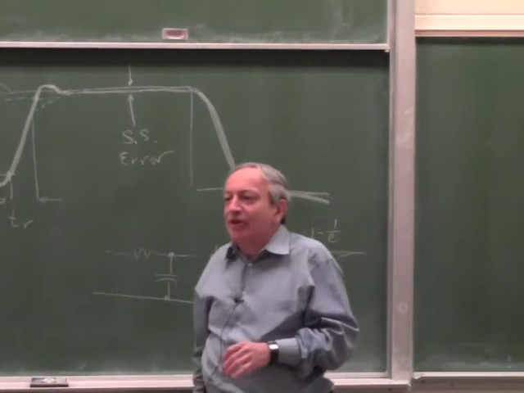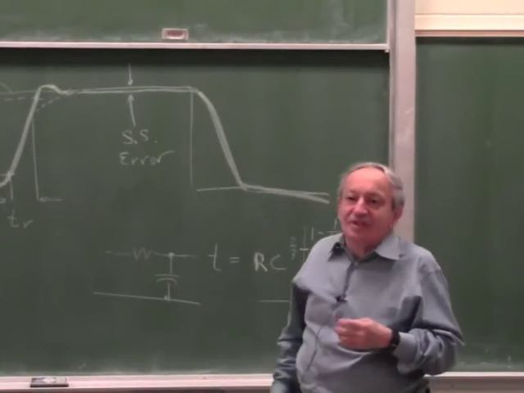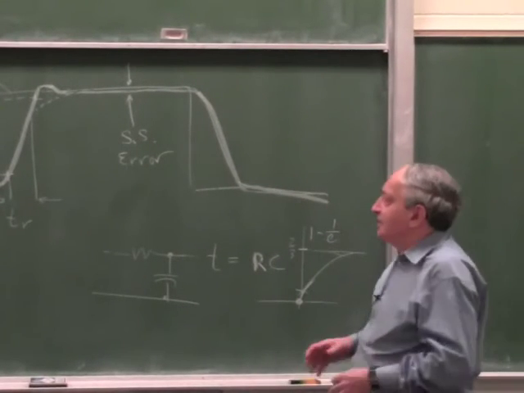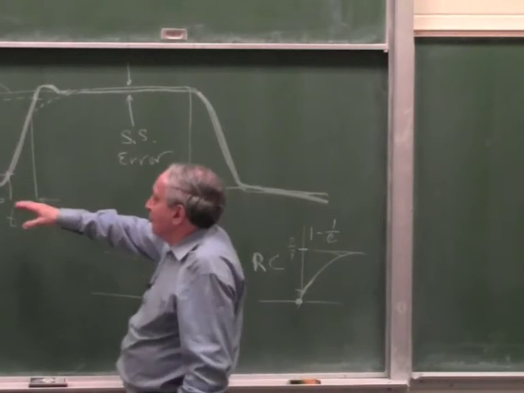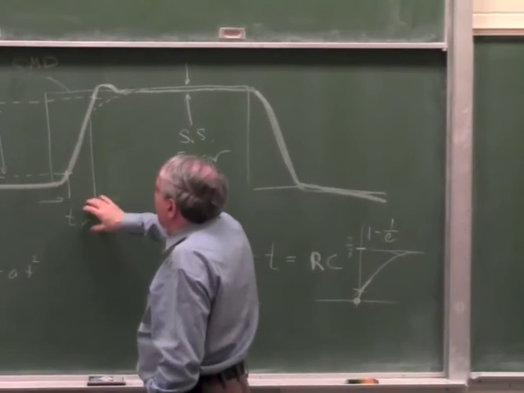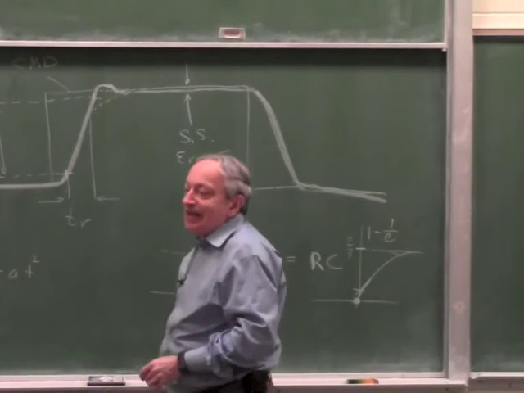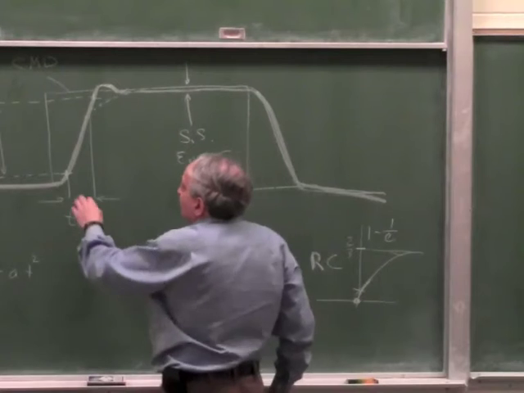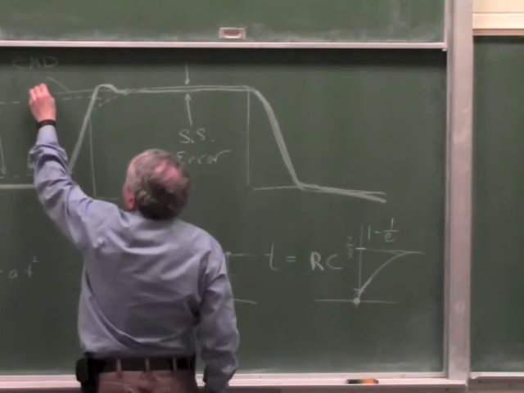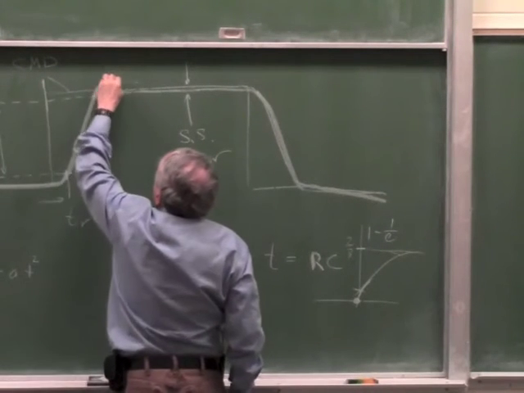Very roughly speaking. Okay, so now let's go back to the original question. When you want to design a system, usually that's the spec given to you. You want the system to follow the command within a given time. Usually the spec is given as the time to be within X%. So the way people specify it, they say, I don't care about this, I want the thing to settle from here to within some error band.